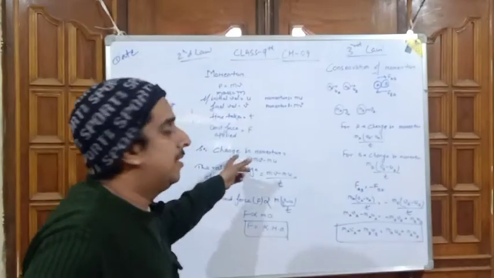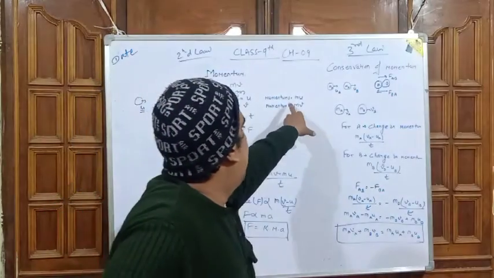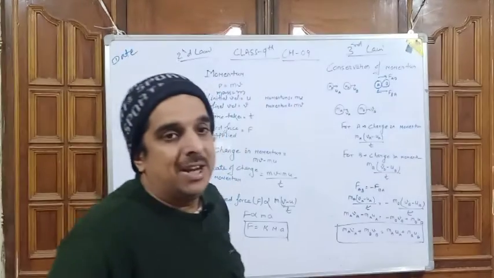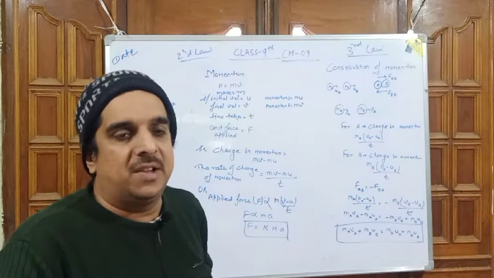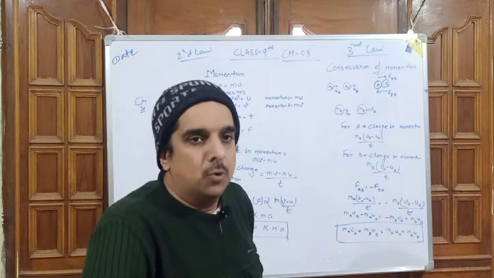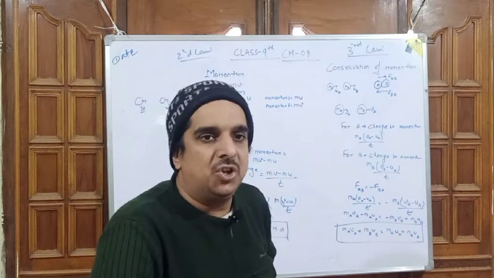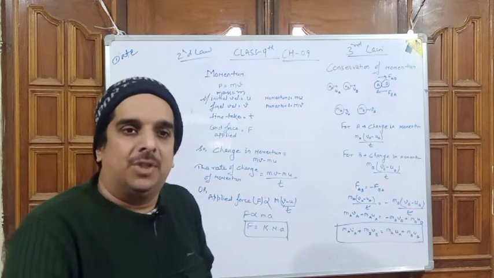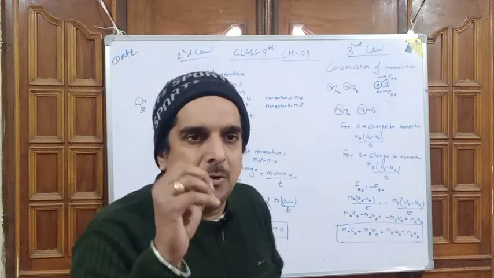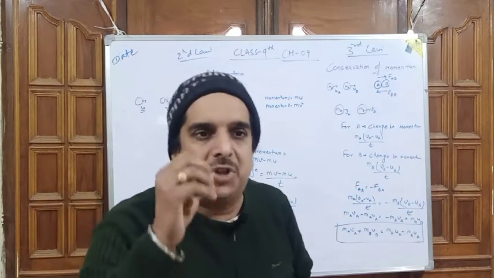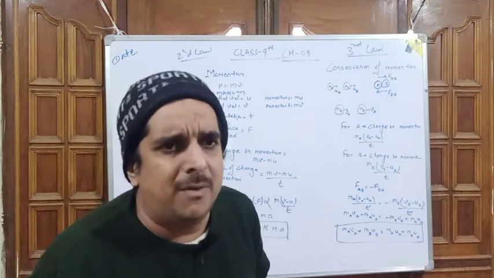So simply, if at the initial position the momentum is mu, and at the final position the momentum is mv, then if we have to find the change in momentum, what will we do?